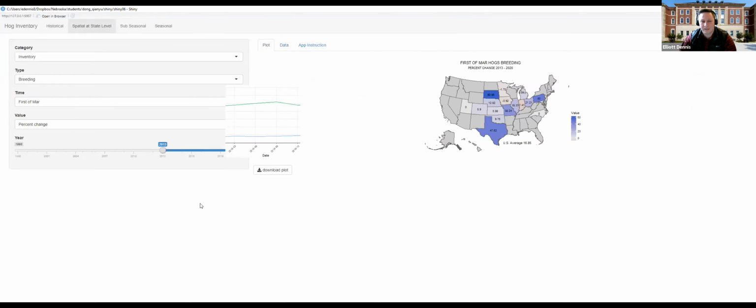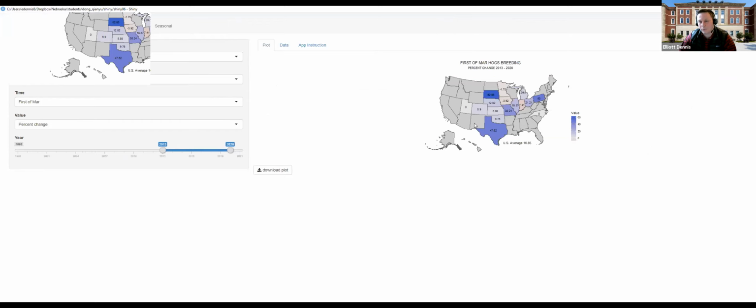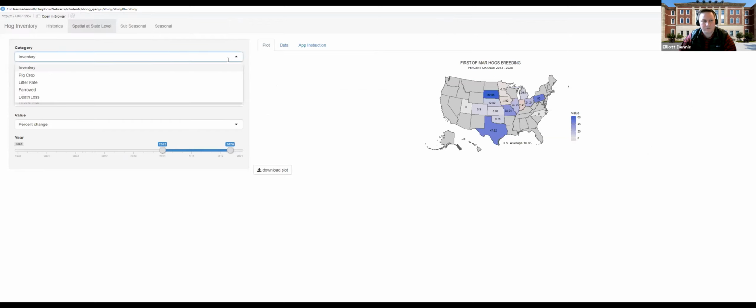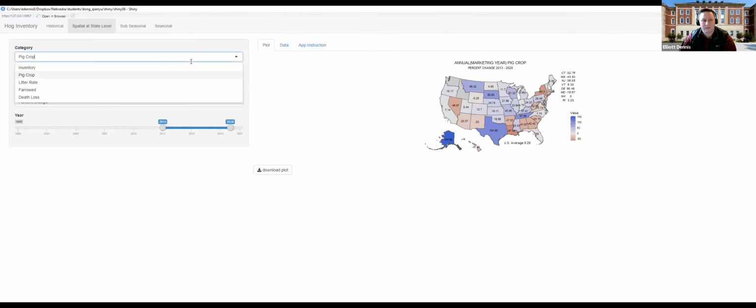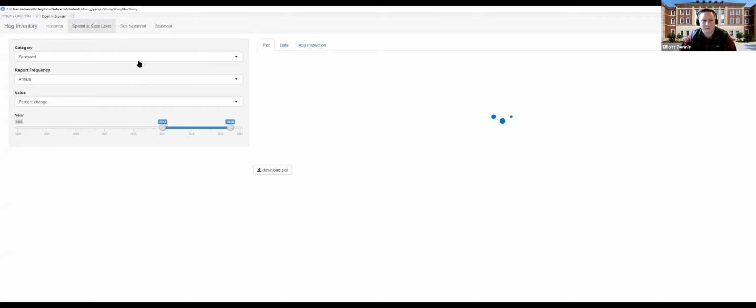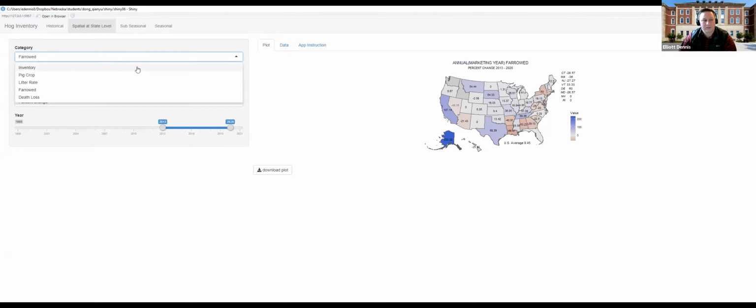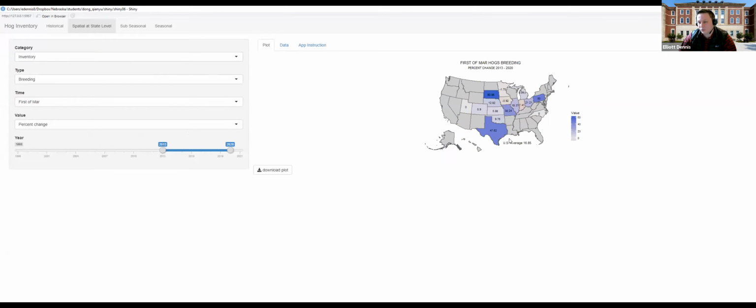The same thing applies here to the breeding. I can look at the pig crop updates. We can look at what the farrowing was. But let's just stick to inventory. And as Nick was saying, this is the percent change.